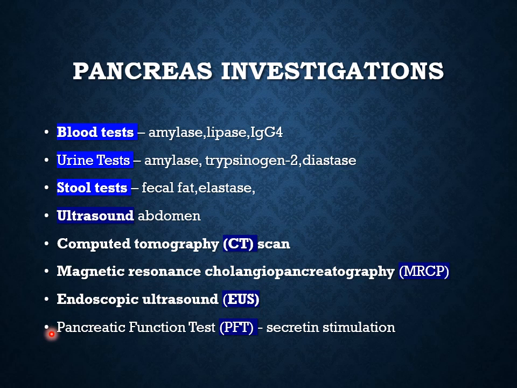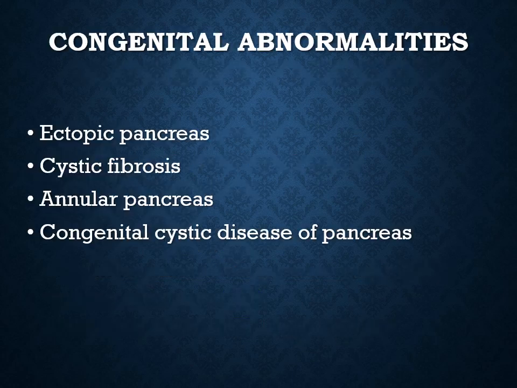The last one I mentioned here is the pancreatic function test, or PFT, which is also known as the secretin stimulation test. I also want to mention a few congenital abnormalities whose principles you are expected to know.